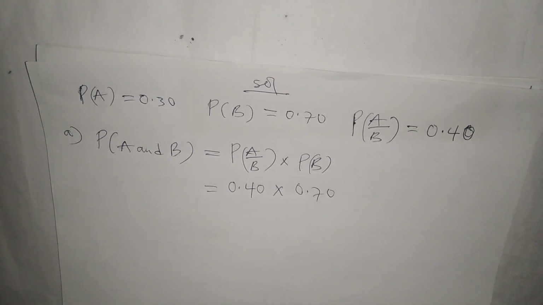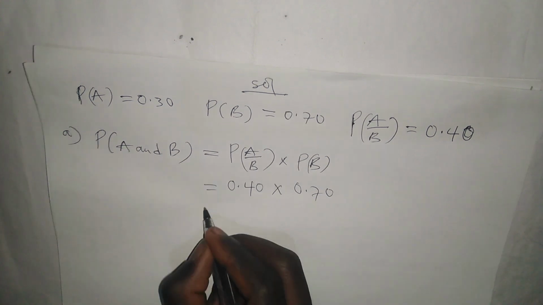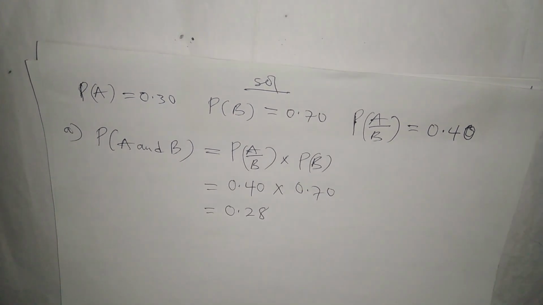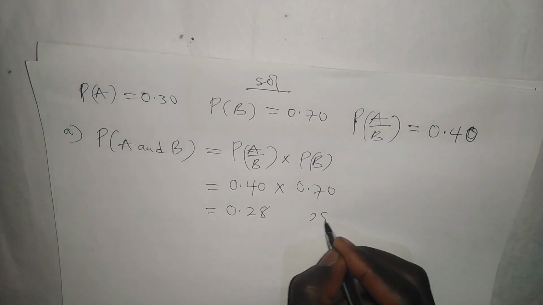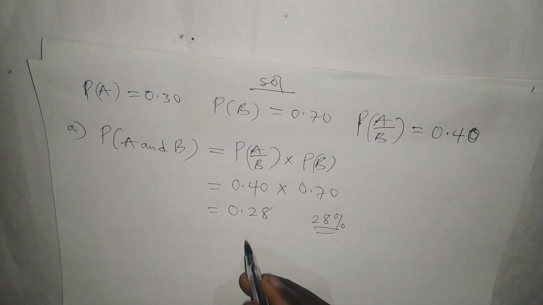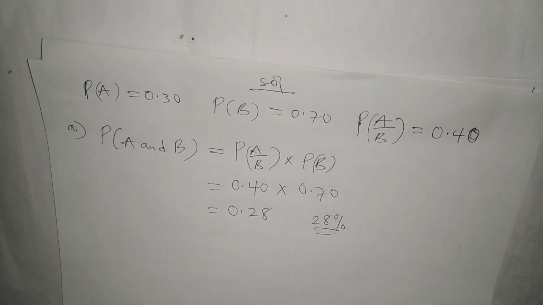When you multiply 0.4 by 0.7, what you have is 0.28, and this is equivalent to 28% when you multiply this by 100. So there's a 28% chance of her enrolling in algebra and biology course.